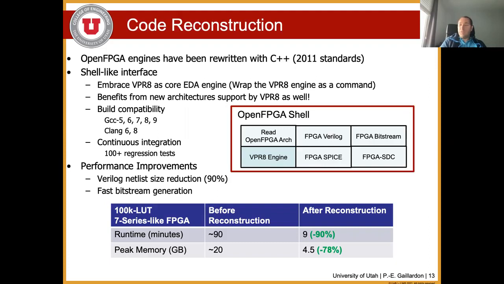We massively improved runtime and peak memory for 100K-plus LUT type FPGAs. We're at a point right now where it is actually very similar to commercial tooling. There is nothing to be ashamed of with this open source framework to implement complex FPGAs. We're in the same ballpark as what Quartus or Vivado does.